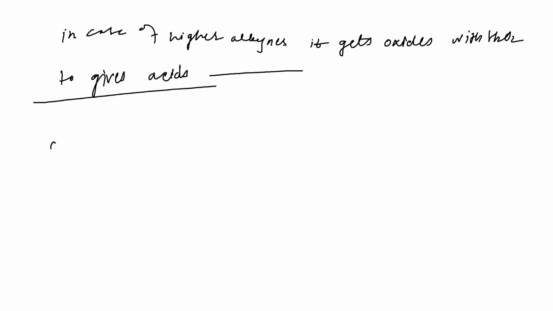Let me tell you, here we have C triple bond C, and here is CH, and you are treating it with ozone. So what will happen here, dear student? The triple bond cannot break, so only the double bond is going to break.